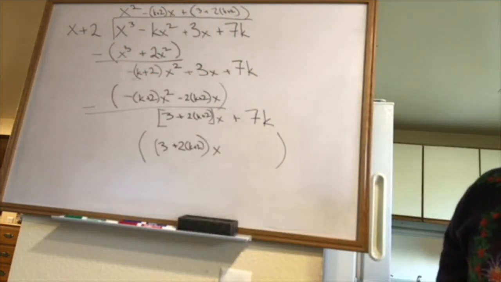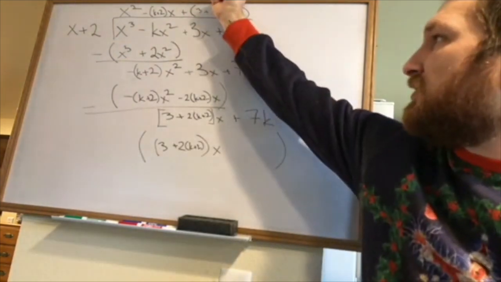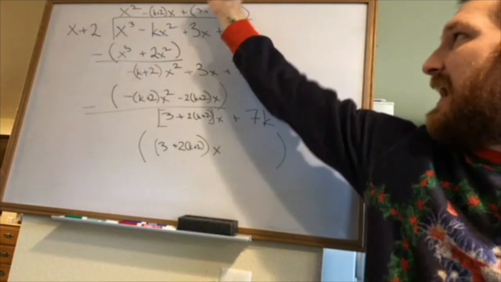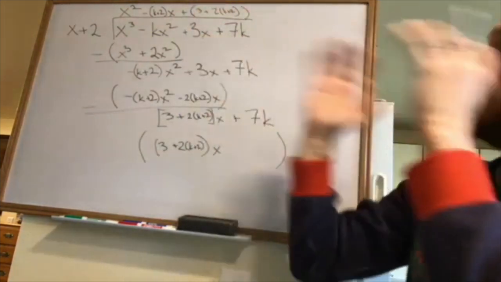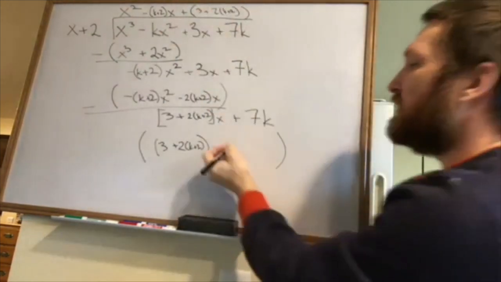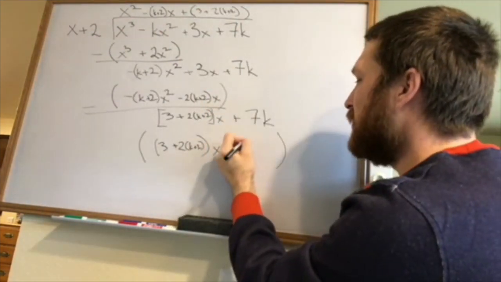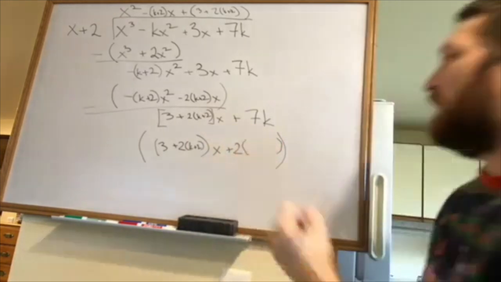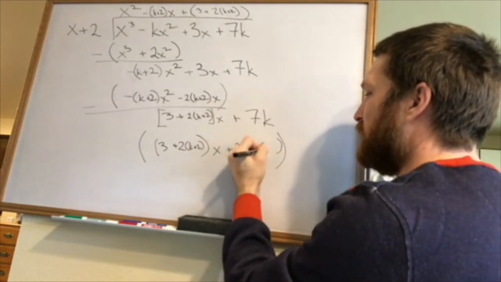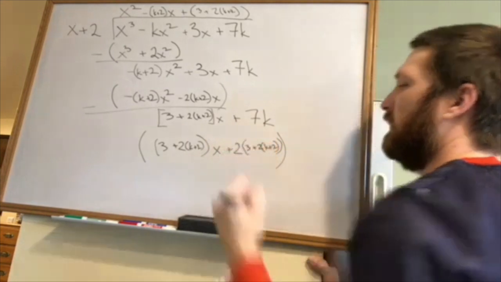And so, like, again, if that were a 7, I would just say, well, that's 7 times 2. So this thing, that whole bit, 3 plus 2 times k plus 2, blah, blah, blah, comes down and hits the 2. And so now I have 2 times all that stuff right there, which is 3 plus 2 times k plus 2, like that.